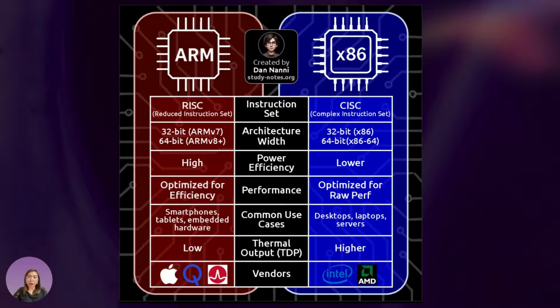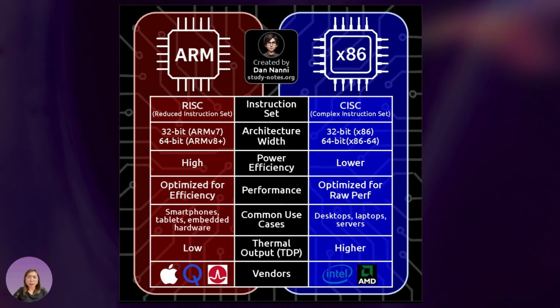ARM, on the other hand, uses RISC, which relies on a smaller set of simple, fast instructions. These core differences lead directly to the primary trade-off highlighted here: power efficiency versus raw performance.